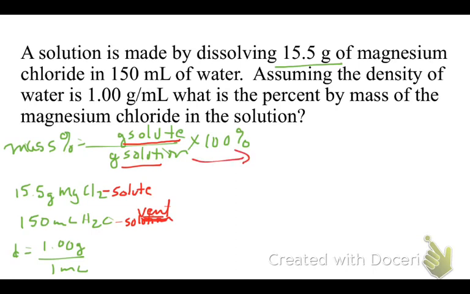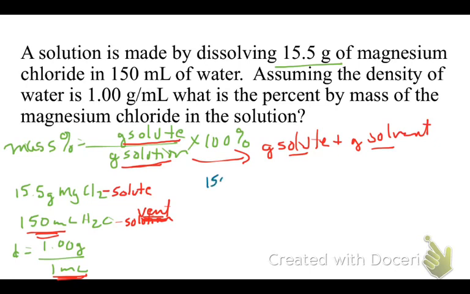Remembering that grams of solution is the grams of the solute plus the grams of the solvent. I have a volume of the solvent, and I have a density of the solvent. Oh, I can get to the mass of the solvent using these two. Once I get to the mass, I can get to the grams of the solution by adding the grams of the solute and the grams of the solvent. Okay, so let's do that.